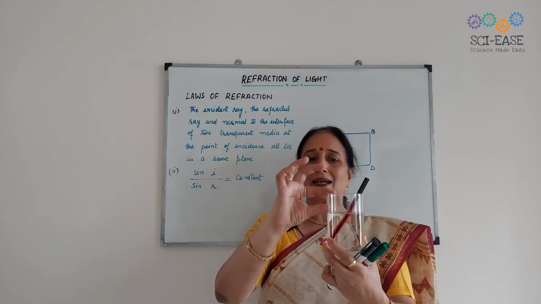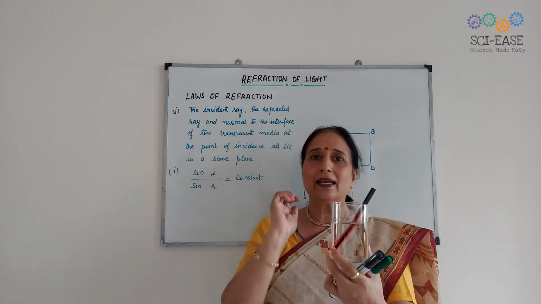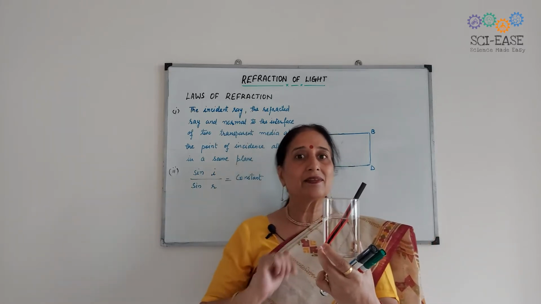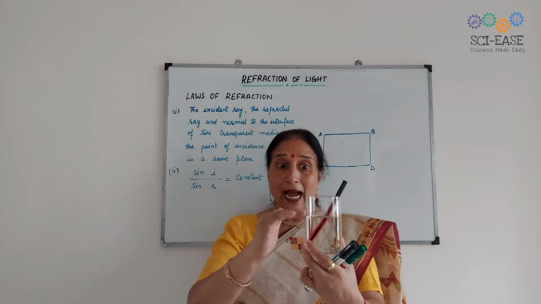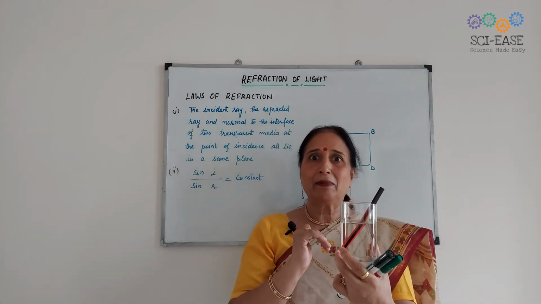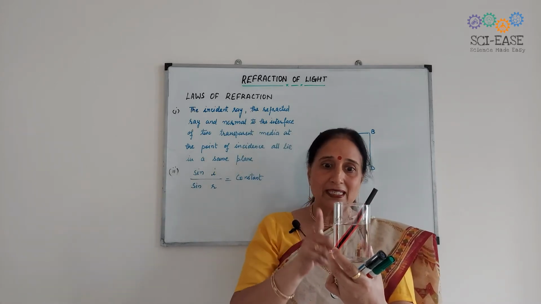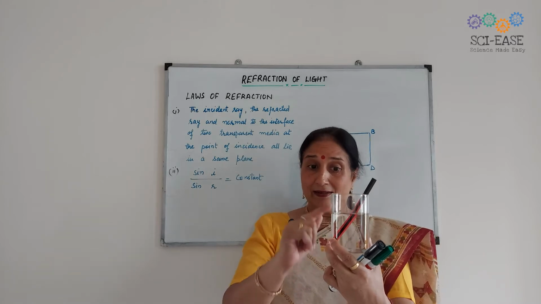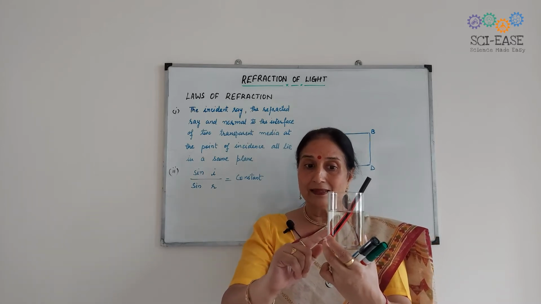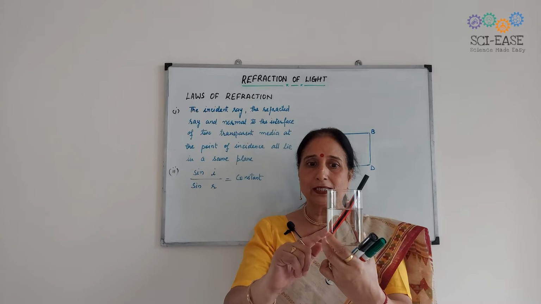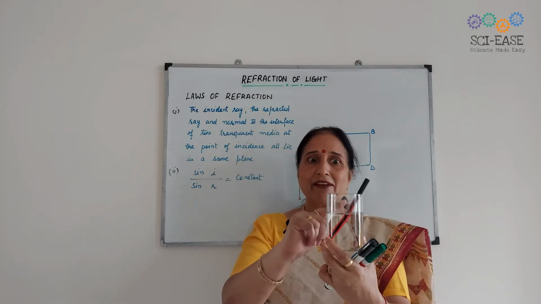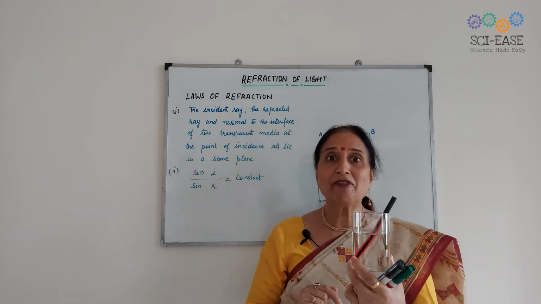Where the glass is empty there is air, and here there is water. What happens at that place? When we see the part of the pencil which is immersed in water, the rays enter our eyes from a different direction.